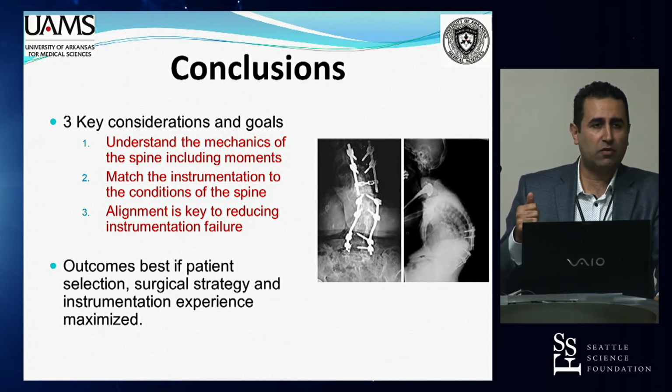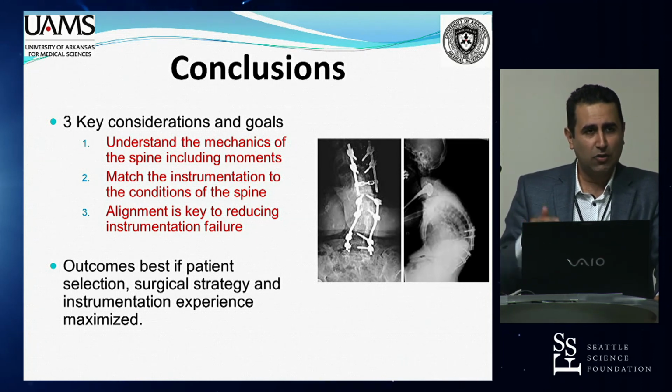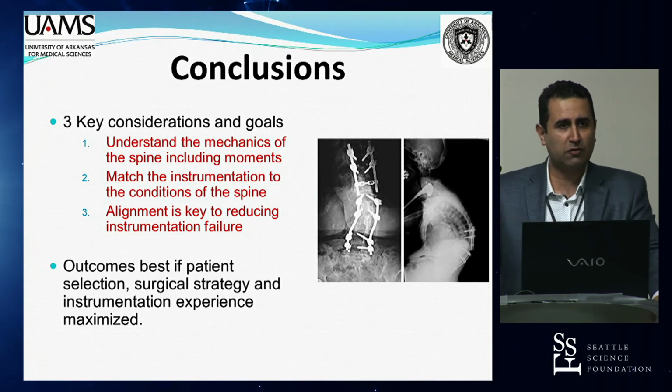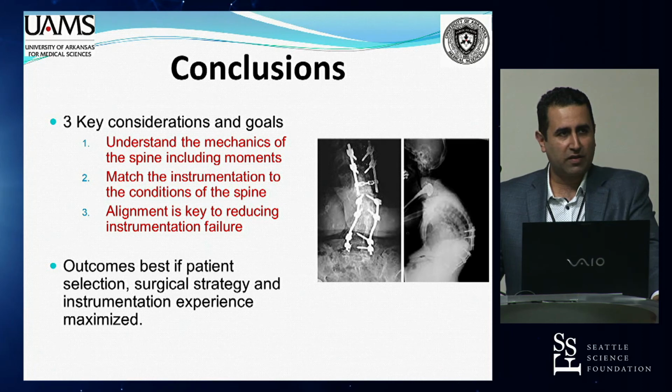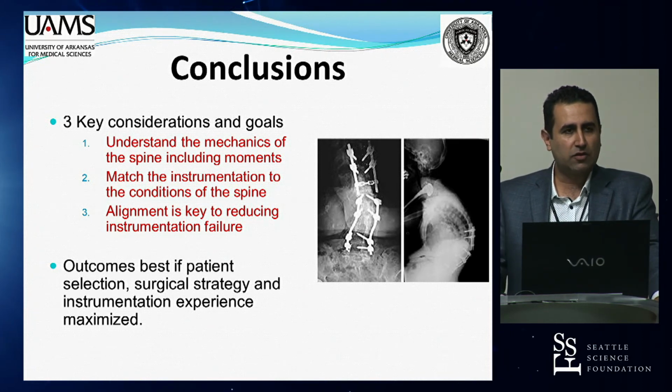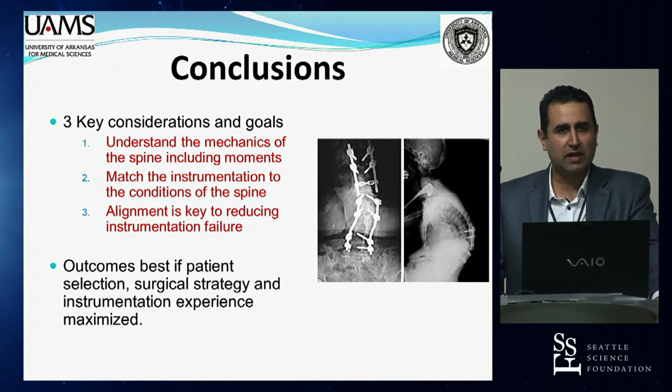Be competent with your spinopelvic parameters and utilize your instrumentation to achieve those spinopelvic parameters. And of course, we'll always tell you your outcomes are best if your patient selection, your surgical strategy, your instrumentation selection, and your surgical technique is maximized.